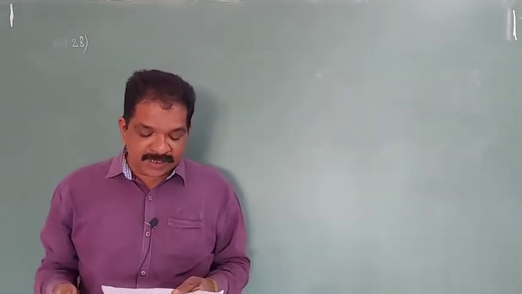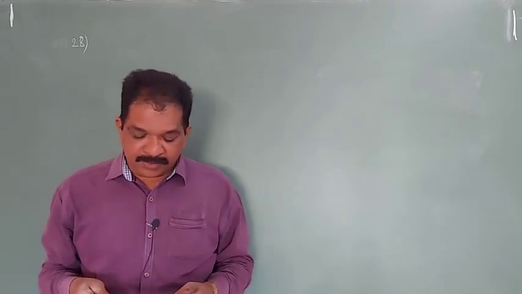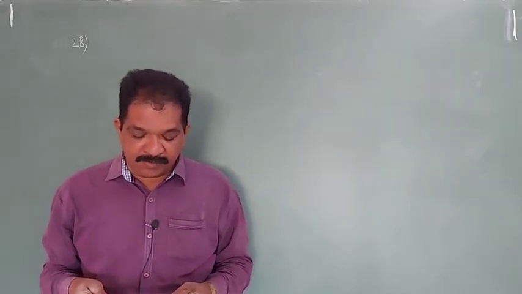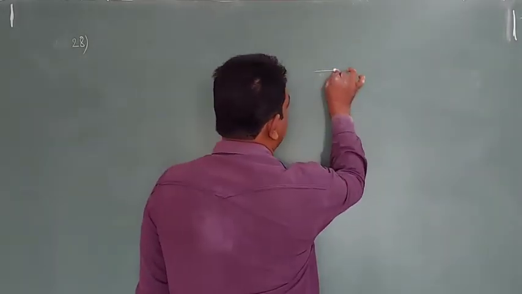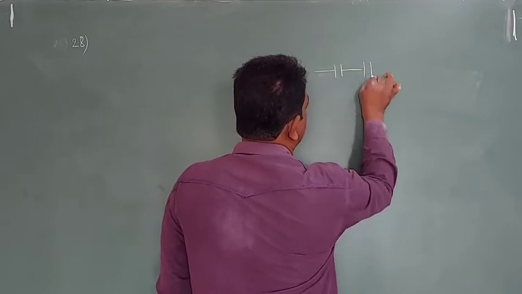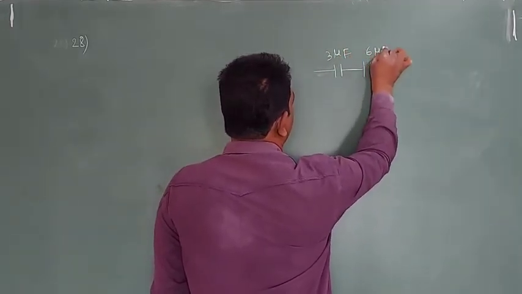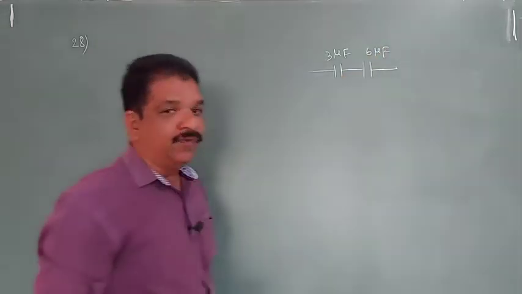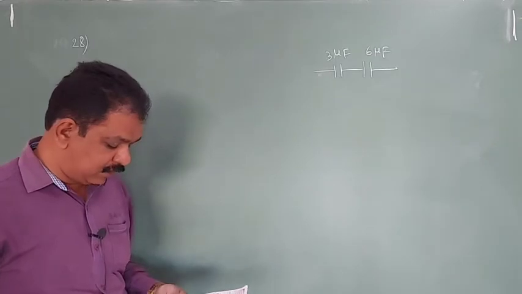Then they are disconnected and reconnected in parallel. The potential difference across the combination is what? So 2 capacitors are there. One is 3 microfarad, another one value will be 6 microfarad. These two are connected in series.